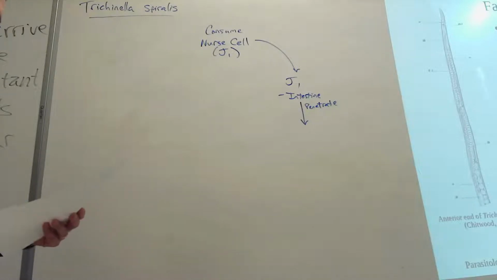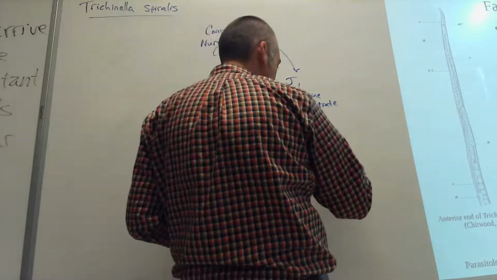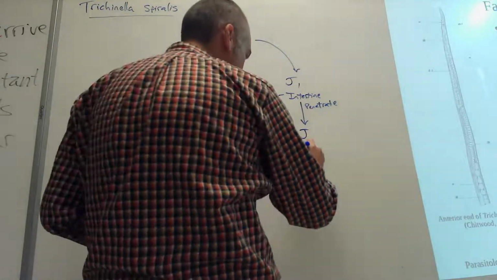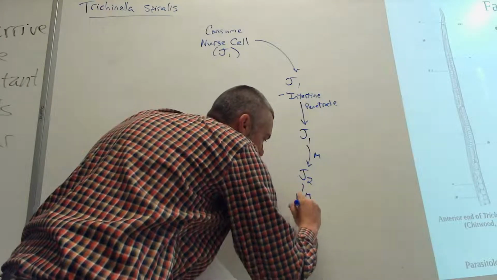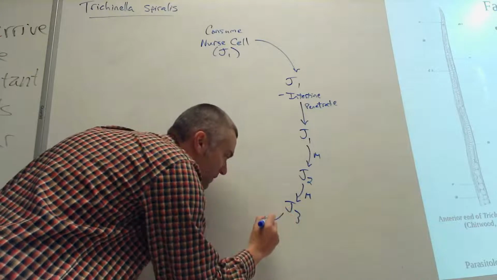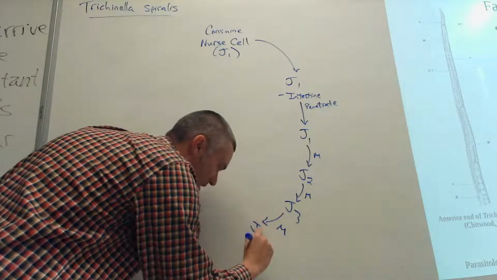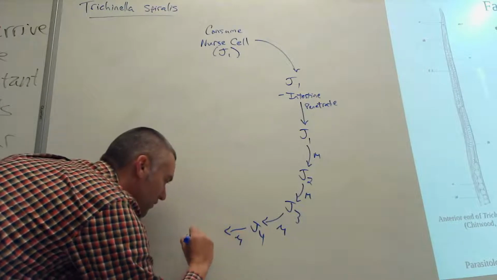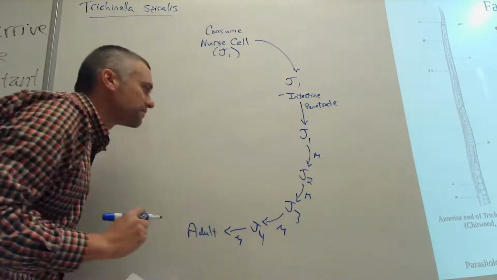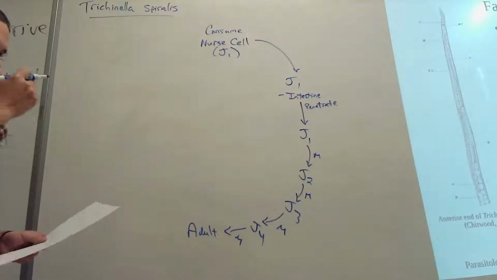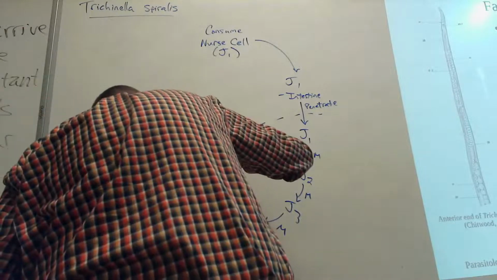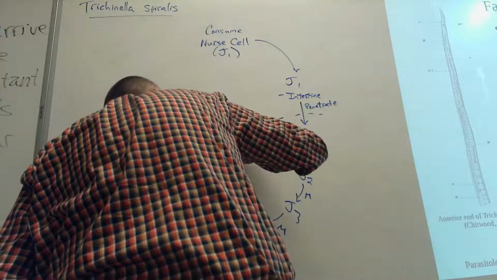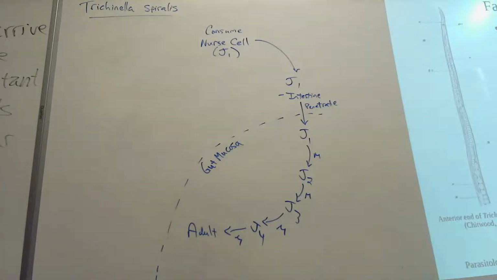It penetrates into the cells, where we are now inside the gut mucosa, and it develops into a J2, J3, J4, and ultimately the adult. This is all in our gut mucosa, in the lining of the gut, in the cells.